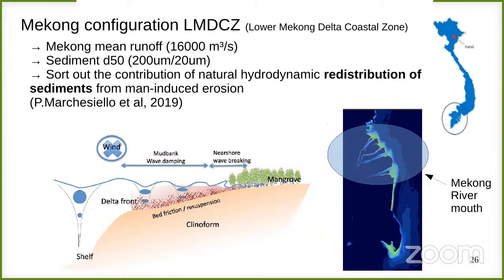So in this experiment, you have two kinds of grain size, mud and sand. The main idea in this region is to see the redistribution of all the sediment given by the Mekong River, and to see how the hydrodynamics, like waves, tides, and their interaction, redistribute all the material in the region.